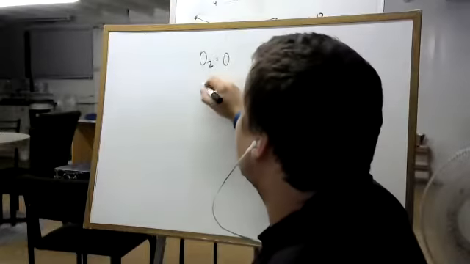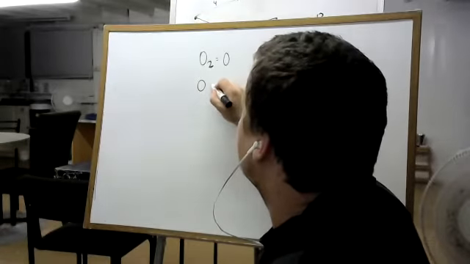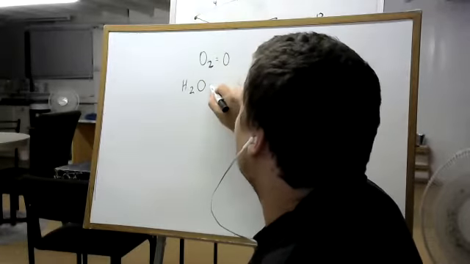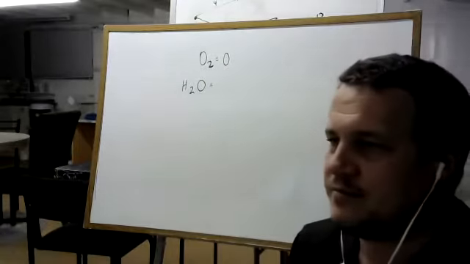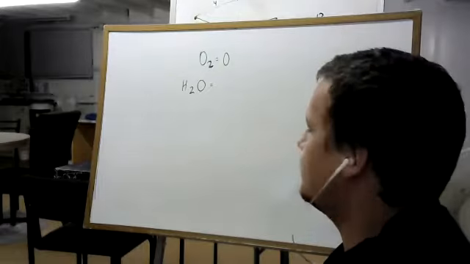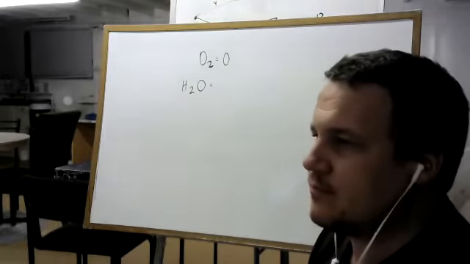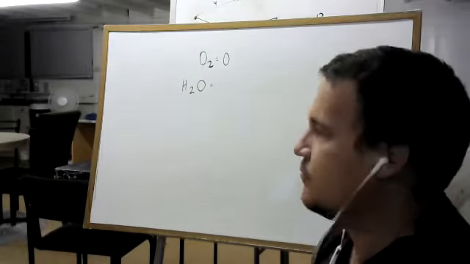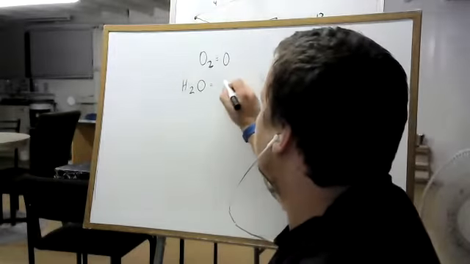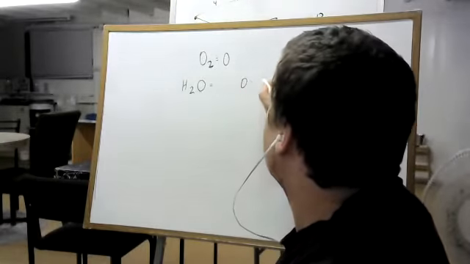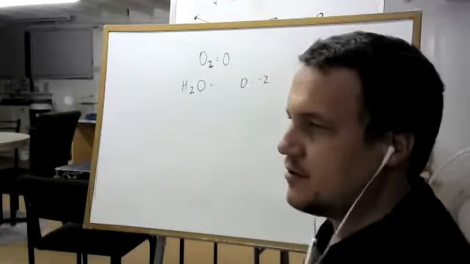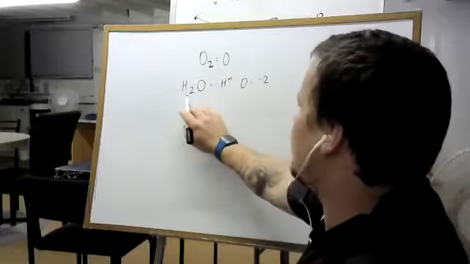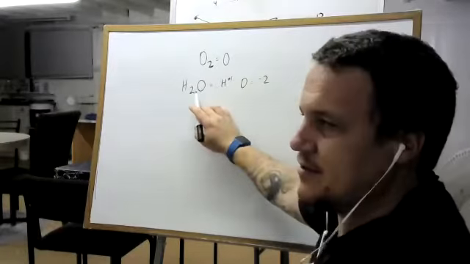What about on oxygen? If we've got H2O, what would the charge on oxygen be? So oxygen is always -2. H is always +1, but because there's 2 of them, it balances.